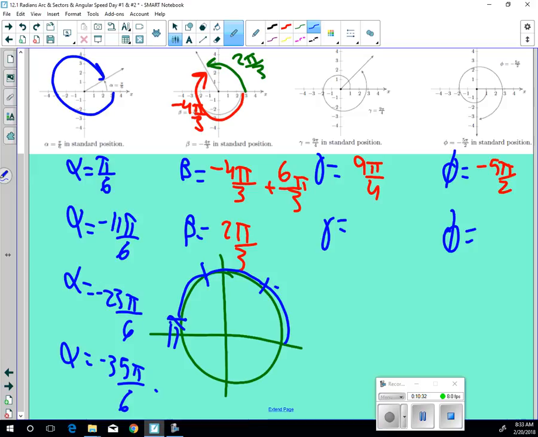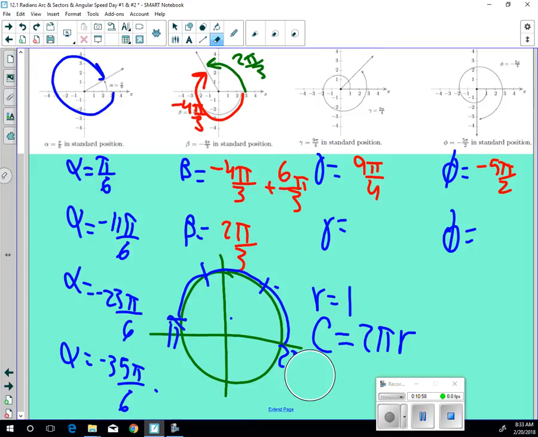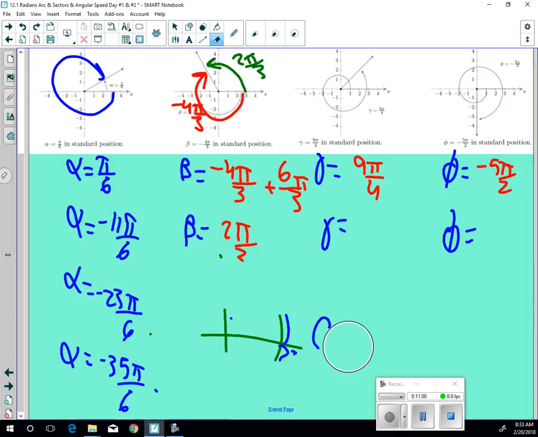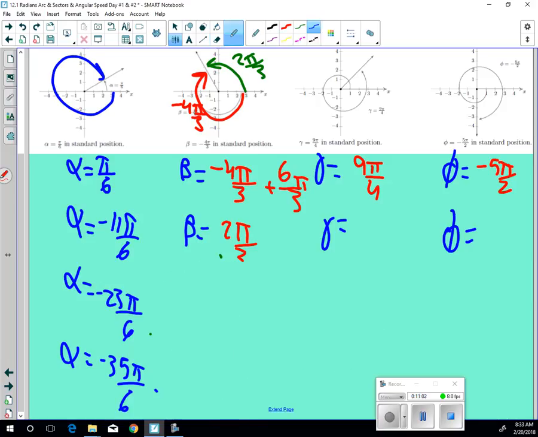This is not obvious, by the way. Everybody has this question. I like it a lot. This is going to be 2 pi. Let's say the radius of the circle is 1. What's the circumference of any circle? 2 pi r, right? So if the radius is 1, what's the circumference? Does that help too? That's a second way to think of it. Not obvious. Thank you for asking that. That's a great question. And it's on video. That's even better.